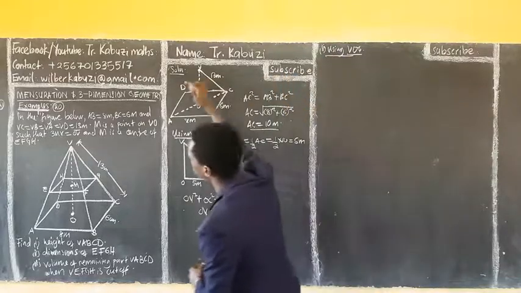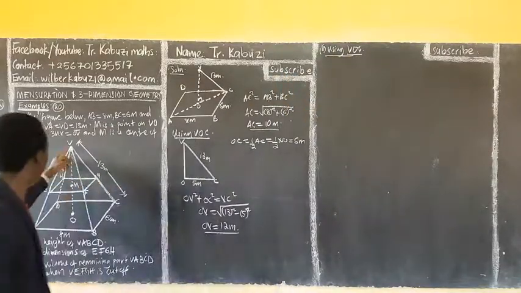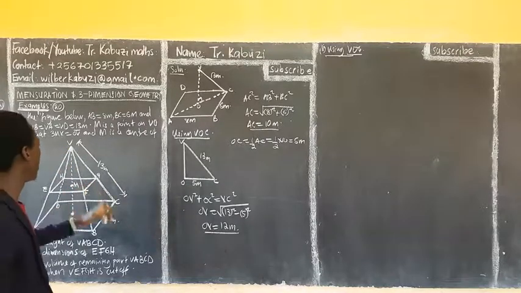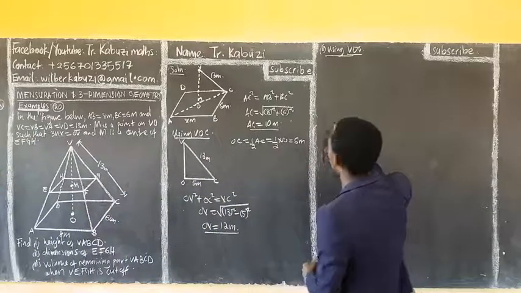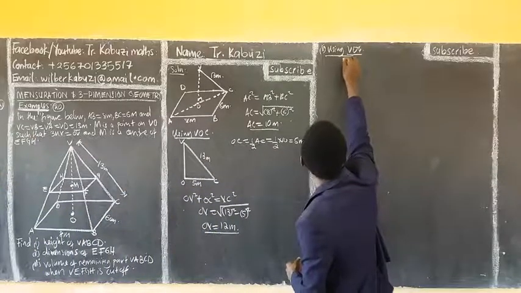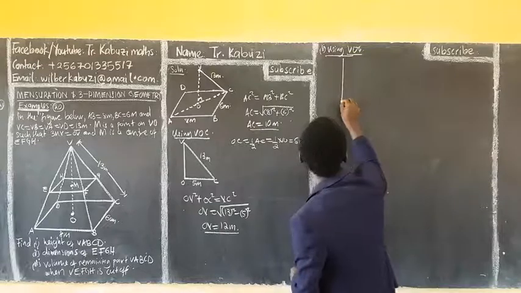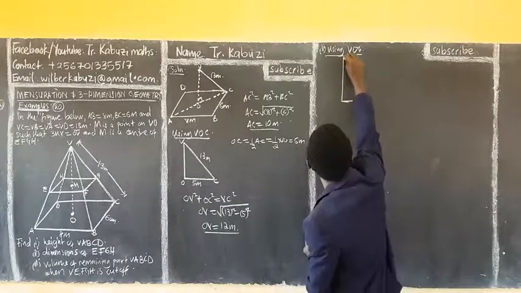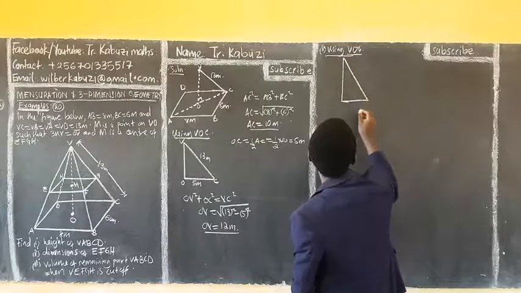Now, this triangle VOC, but remember, this is the midpoint. If I bring it out like this, now you see that this is what I'm going to be with.